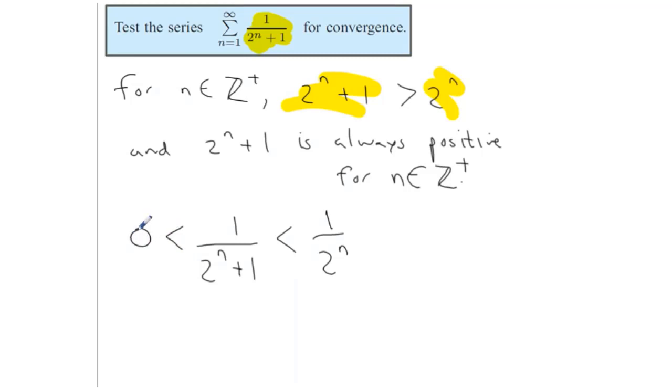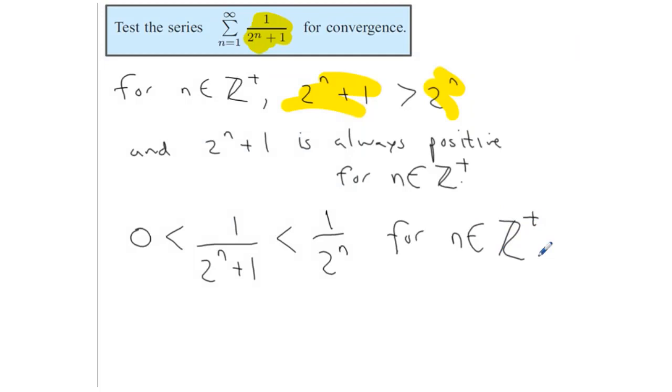And now, just in exactly the same way as we did this for improper integrals, you have got something set up where you can use a comparison test. So you've got two different series, which are both positive, and one is bigger than the other over the whole domain of positive integer n.